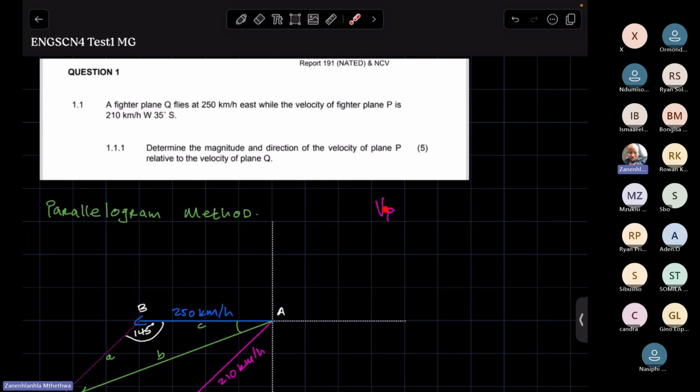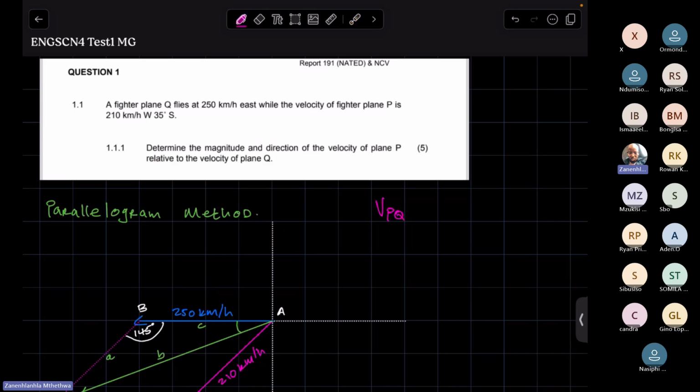Now, when you continue with the question, relative to the velocity of plane Q. Now, what does that tell you mathematically? It means you have Q there, right? Now, what do you know about the object and frame of reference? The first letter here is your object. Second letter is frame of reference.